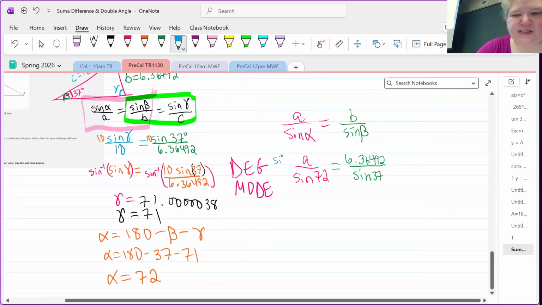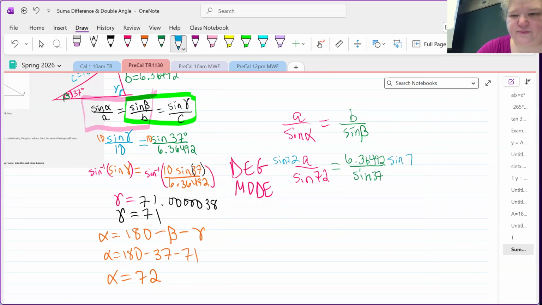And we multiply both sides by the sine of 72. And that gives us our calculation for A. 6.36492 times the sine of 72, close parentheses, divided by the sine of 37, close parentheses.